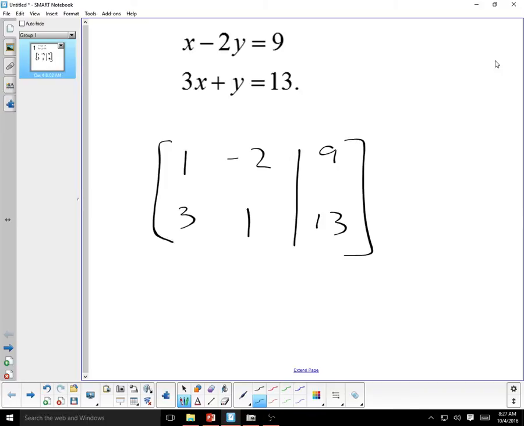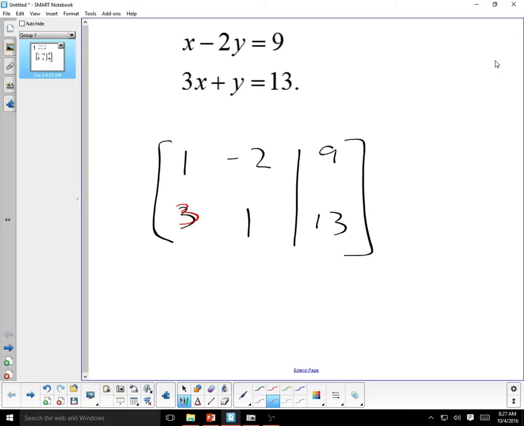Now, notice we already have a diagonal of ones, don't we? I was like, sweet. The only thing I really need to do is make this 3 into a 0, right? So I don't have to use one of the other rows. Well, technically I have to use the only other row I have.